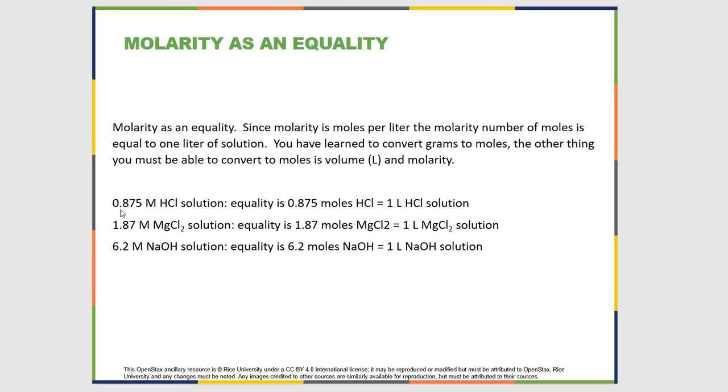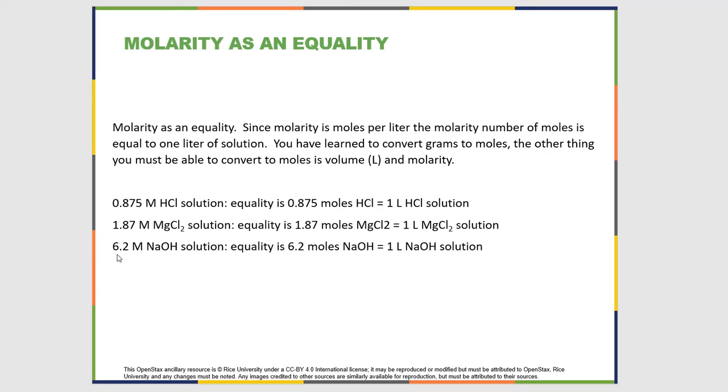So if you have a 0.875 molar HCl solution, the equality is 0.875 moles of HCl, the molarity number of moles, equals 1 liter of solution. If it's 1.87 molar, it's 1.87 moles of MgCl2, and I notice that's not subscripted, equals 1 liter of solution.